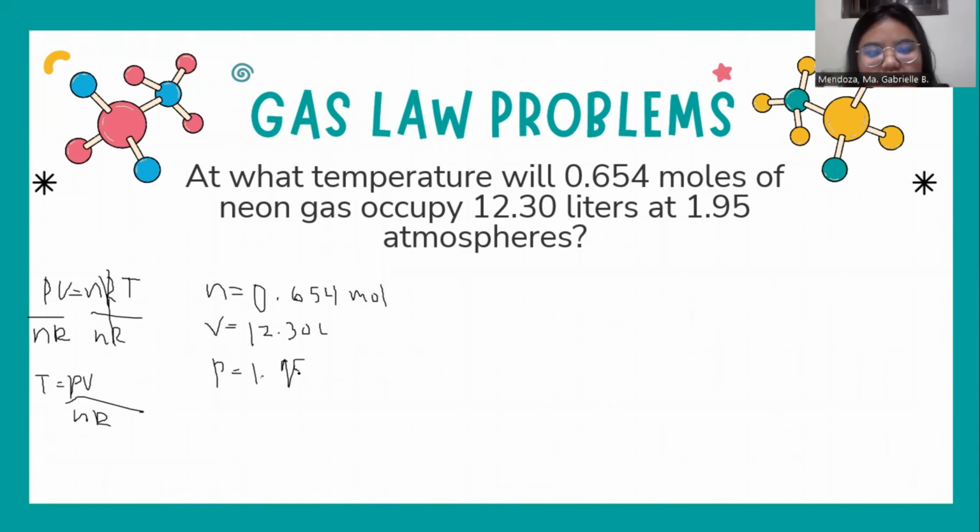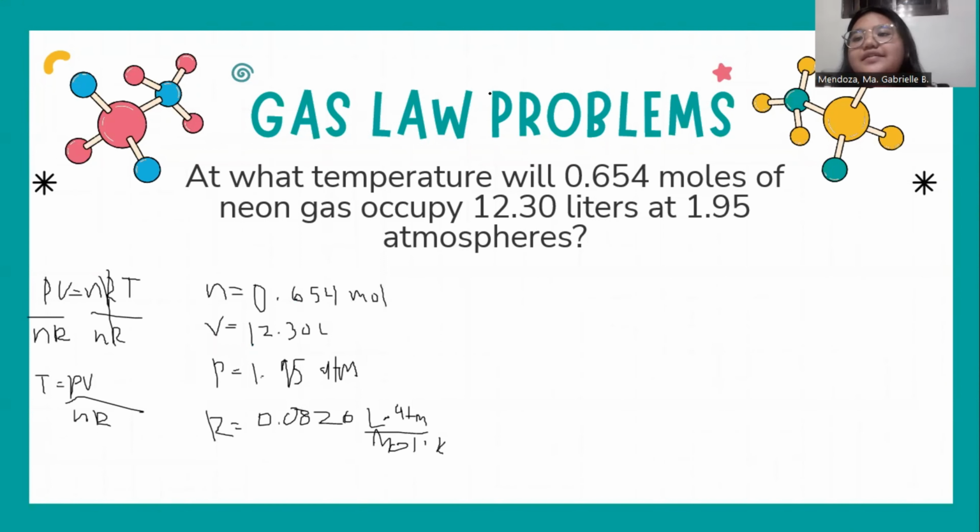And then, lagi nating tatandaan, no, na si R, ang lagi niyang value is 0.08206 L times ATM over mole dot K. So, R, that would be 0.08206 L times ATM over mole times K.